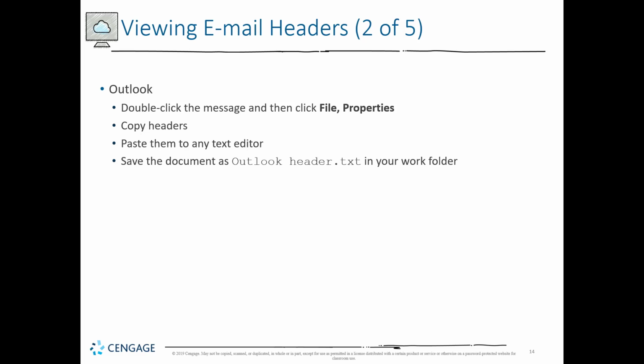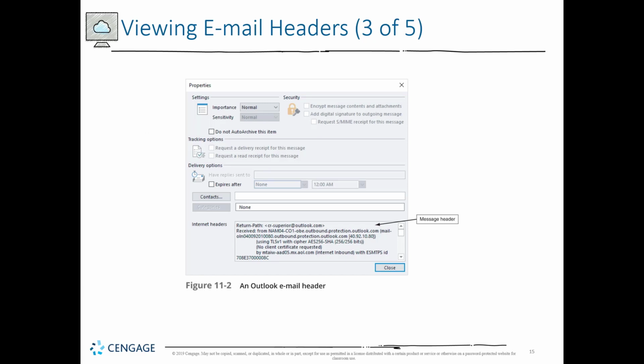You would copy the header to any text document, and you'd want to save it as something a little more relevant than header.txt. You want some context so that as you analyze these, you might be able to save them as separate artifacts. So you might have your original email and you might have the header of that email. That way, it's there for your documentation purposes. When you look at the properties, the bottom part will say Internet Header.